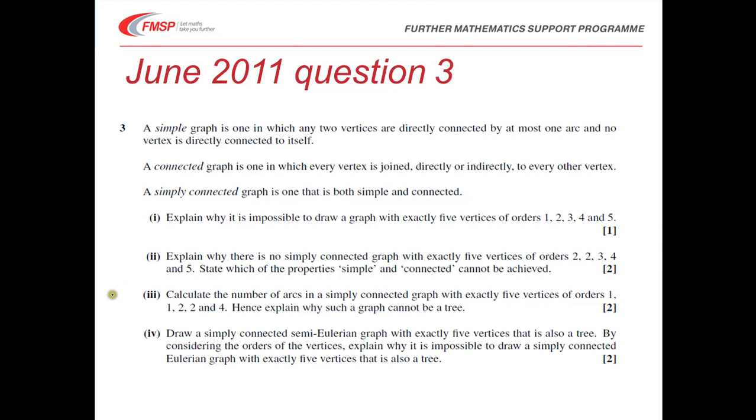You've then got to calculate the number of arcs in a simply connected graph with 5 vertices of order 1, 1, 2, 2 and 4. Explain why it cannot be a tree, and draw a simply connected semi-Eulerian graph with exactly 5 vertices that is also a tree. By considering the order of the vertices, explain why it is impossible to draw a simply connected Eulerian graph with exactly 5 vertices that is also a tree.